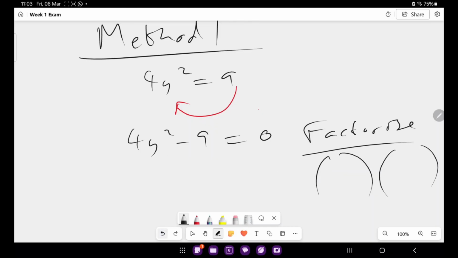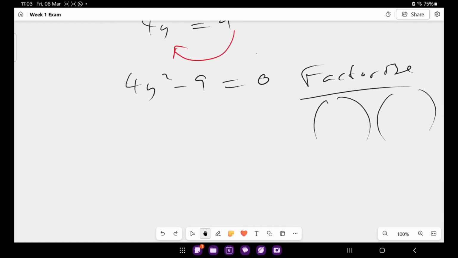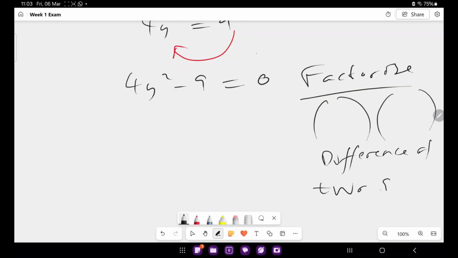How do we do this? We use what we call the difference of two squares. For this to happen, we have to have a difference, that means a minus, we have to subtract, which is number 1.